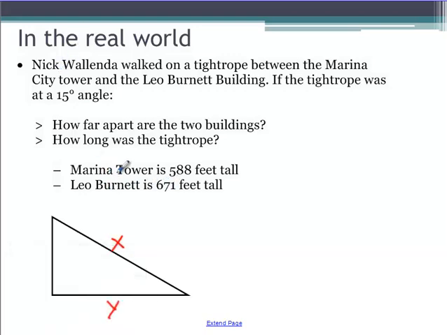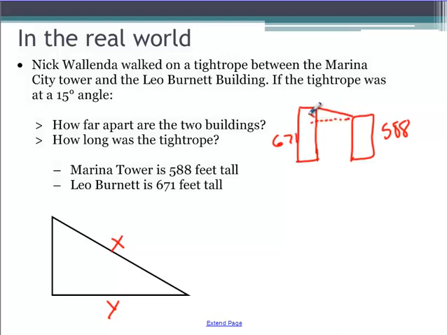And I know that Marina Tower was 588 feet tall and the Leo Burnett building was 671 feet tall. So how are those going to help me? Well, if you think about the two buildings, here's one building, here's another. This one is 588 feet tall, this one is 671, and the tightrope is at this angle.